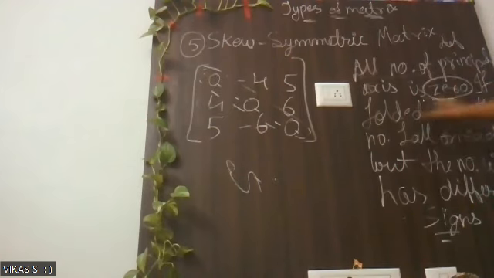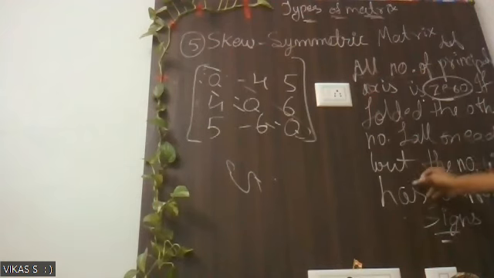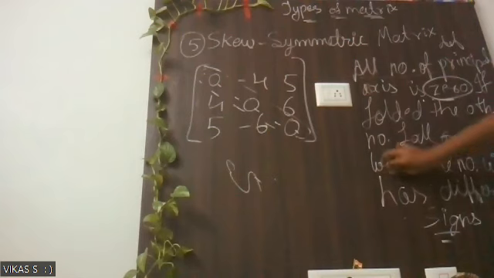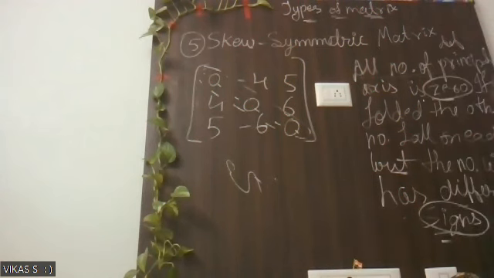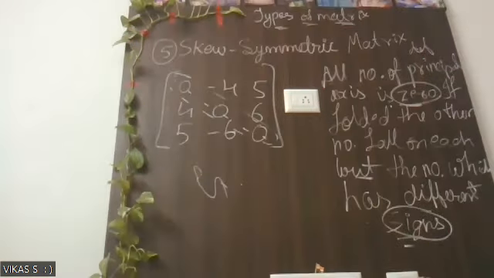If folded, the other numbers fall on each other, but the numbers have different signs. Okay, understood? Numbers which have different signs.